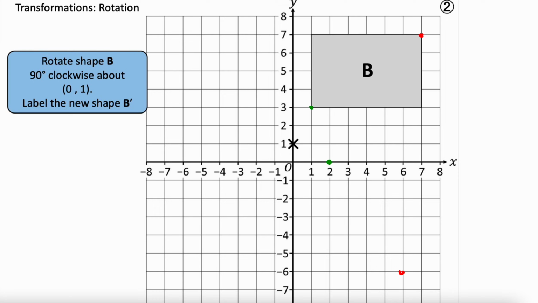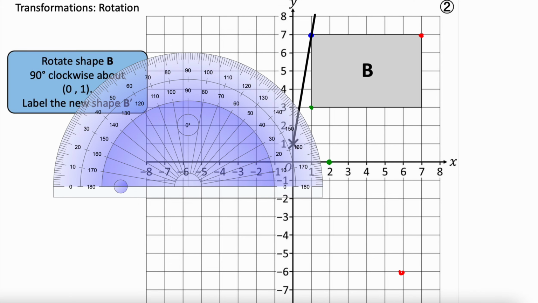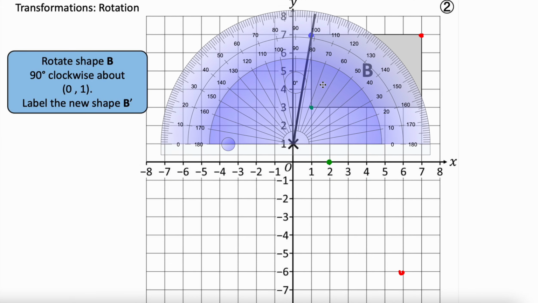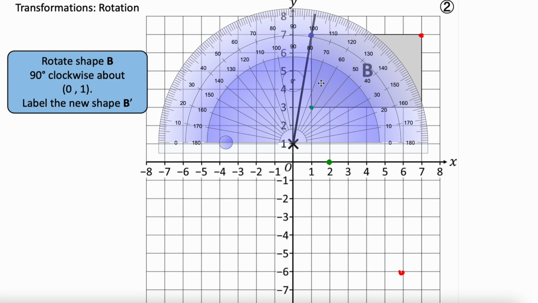So in this case, we will color it blue. So let's say we are going to take this one. And then again, similarly, we will draw this line over there. Okay, and we'll take our protractor, place it at the center of rotation.